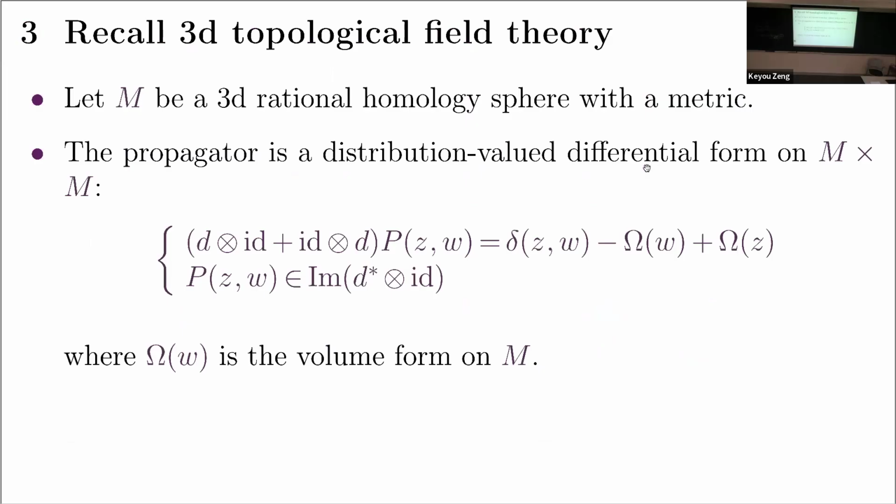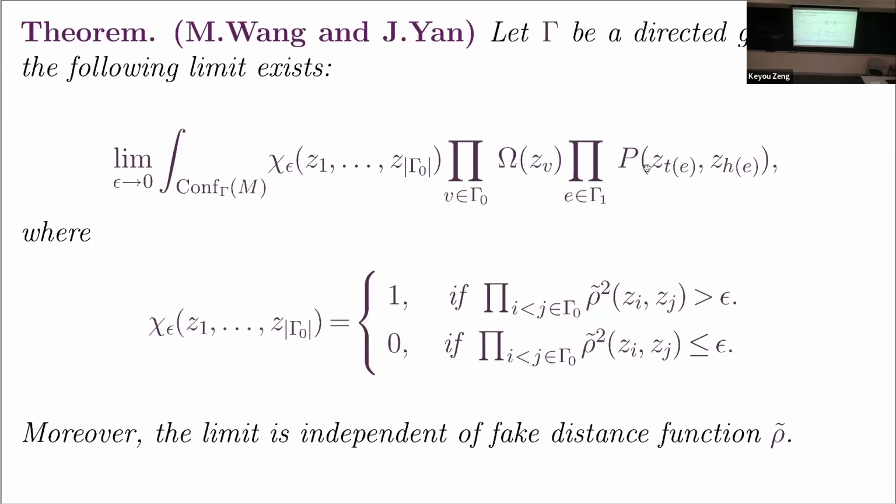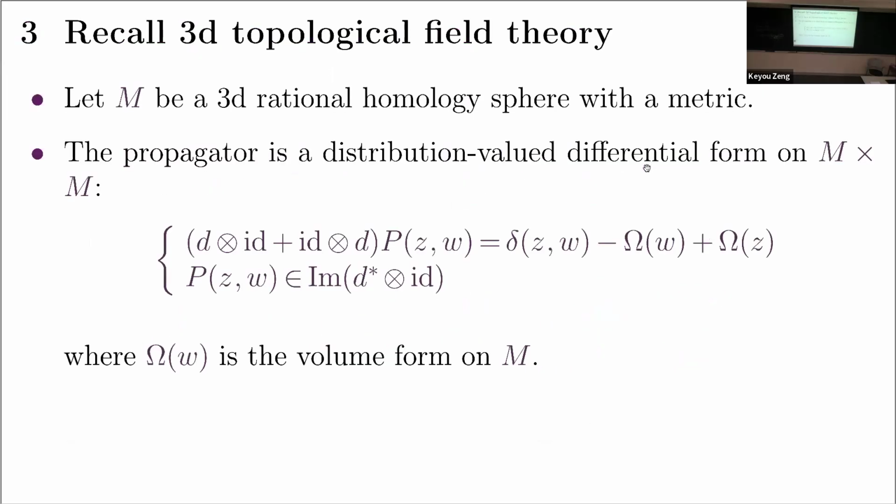To explain why this term might be useful, I want to recall some facts from 3-dimensional topological field theory. Now let M be a 3-dimensional rational homology sphere with a metric. The propagator is defined as a distribution valued differential form.